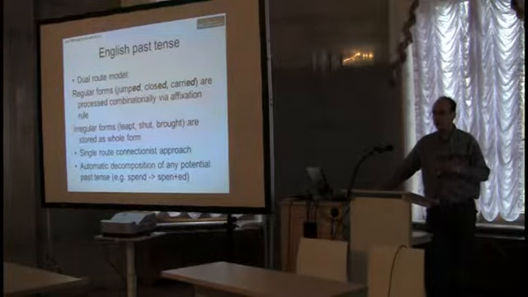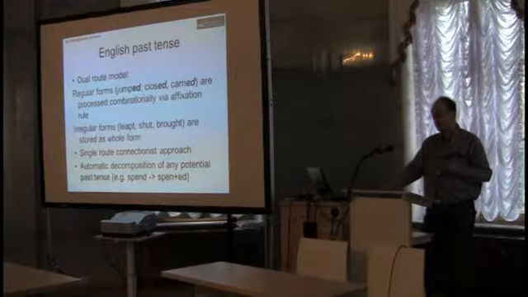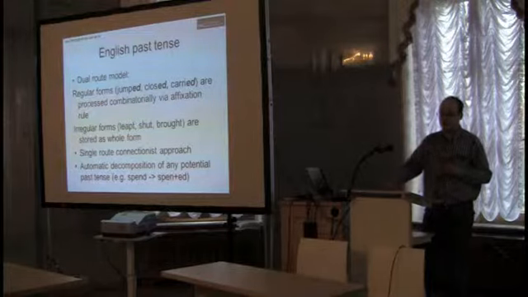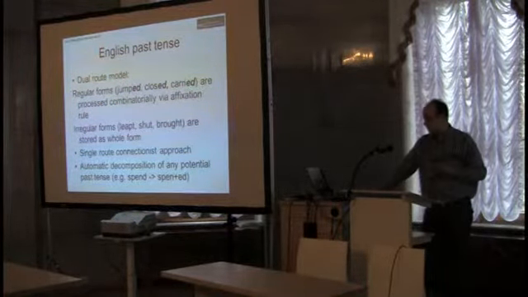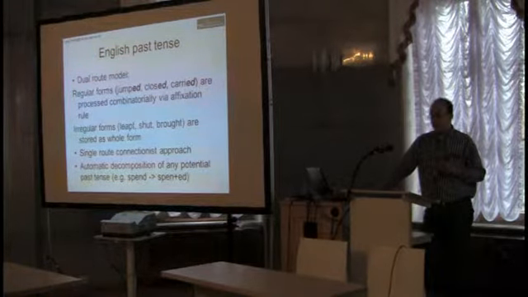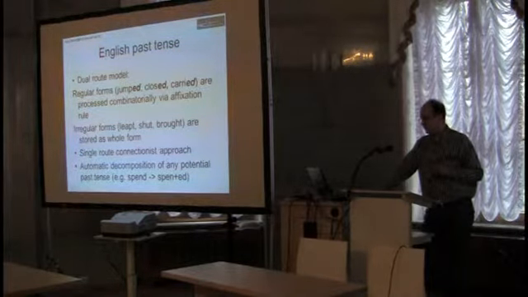Although some argue they actually find certain regularities in those as well, historically inherited from Old English and Germanic roots. So the argument of the dual route model is that those have to be stored as whole form representations. Otherwise, you can't do anything with them.